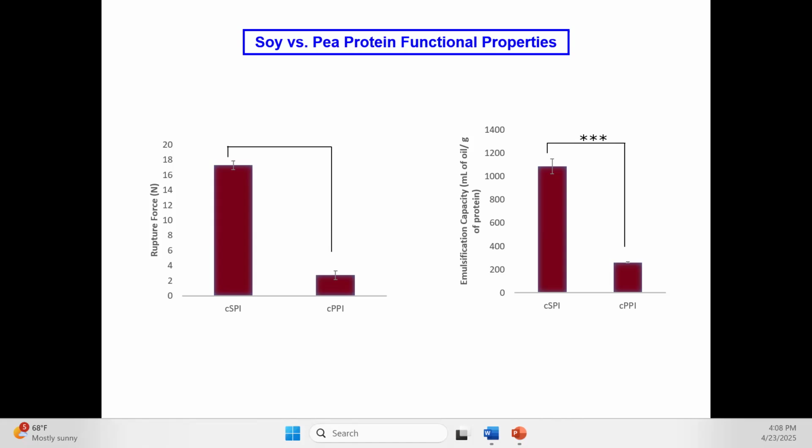It's a combination of factors, especially in emulsification: what surface properties you have, what kind of charge you have at pH 7, how much the protein is polymerized, and how much surface hydrophobicity you have. But in general, pea protein, especially the commercial ones you would buy and use as an ingredient in food products, usually doesn't have good functionality compared to soy.